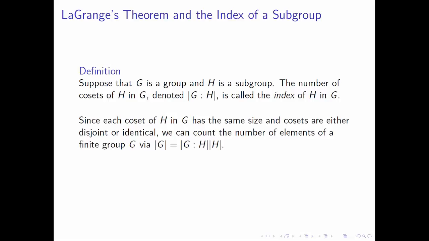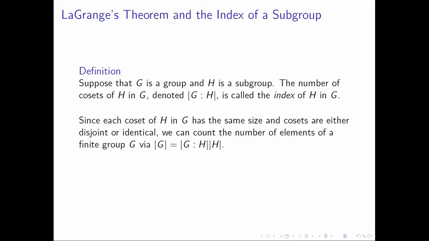So if we want to count the number of elements in our finite group, what we have is an argument right here. The index of H in G represents the number of cosets of H in G. So that's how many cosets we have, and each of them has size equal to the order of the subgroup H, and this is really giving us a count of all of the things in the group.